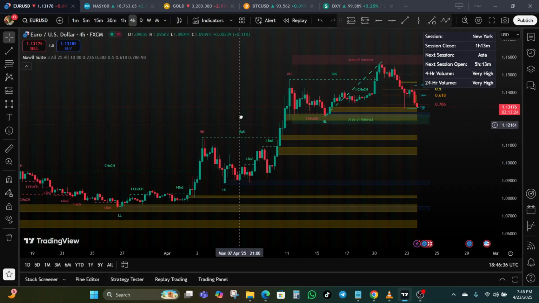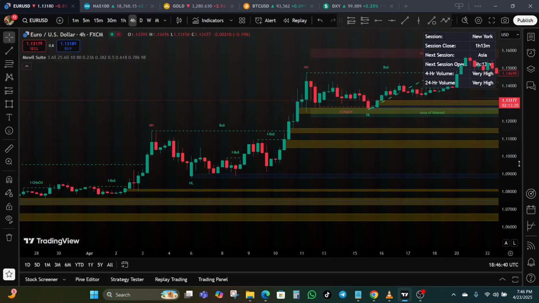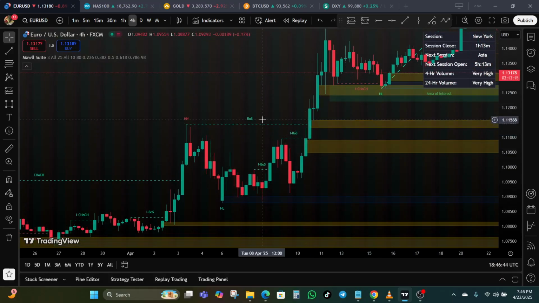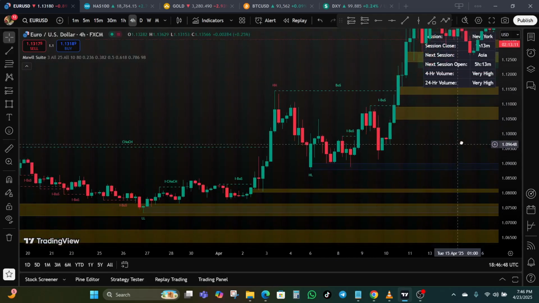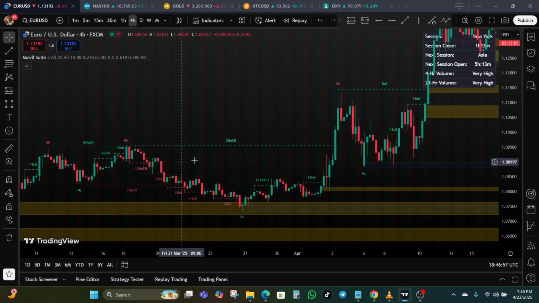First of all, break of structure or BOS, and change of character or CHOCH, show you when the trend is shifting. So this keeps you trading with the current momentum instead of against it.